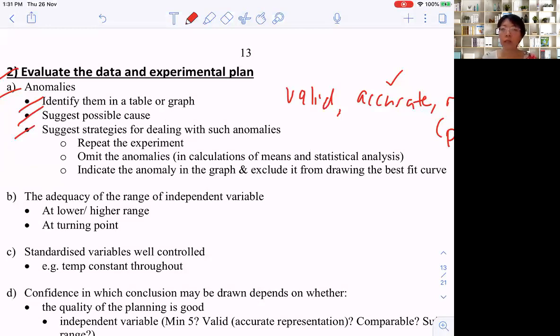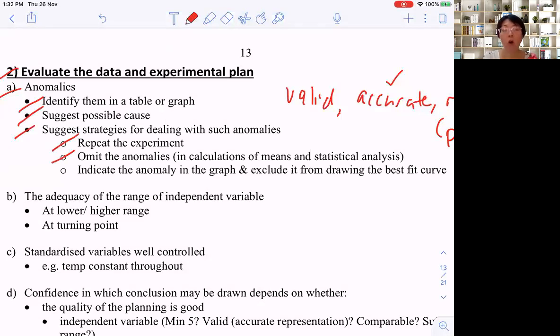So usually when you see anomalies in your result, we will try to repeat the experiment to get more readings. If you're in the lab, you can still repeat the experiment. But once you've completed the experiment, you are no longer in the lab or you're out of the field already, you don't repeat the experiment, you omit the anomalies.